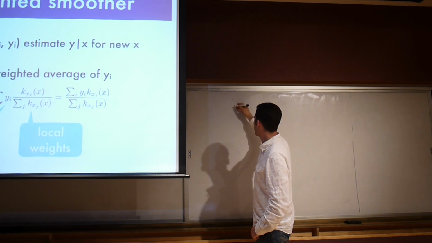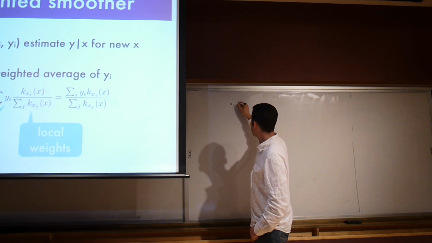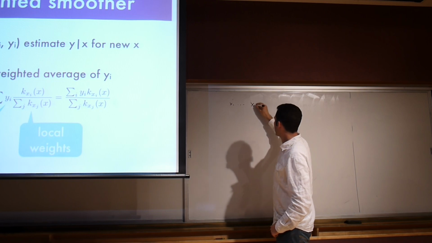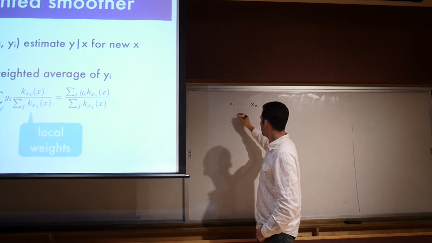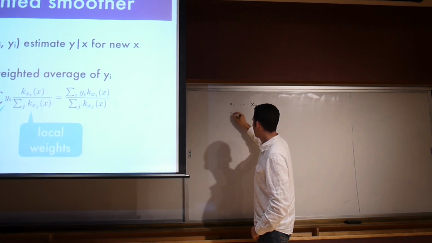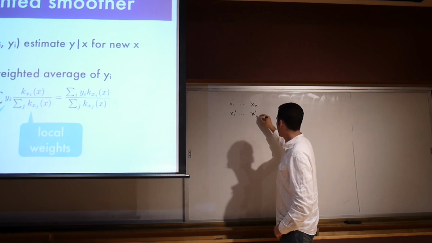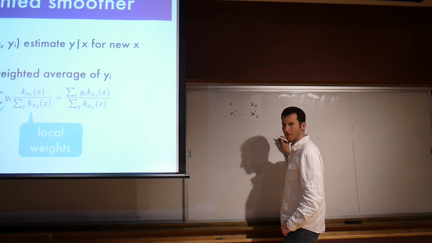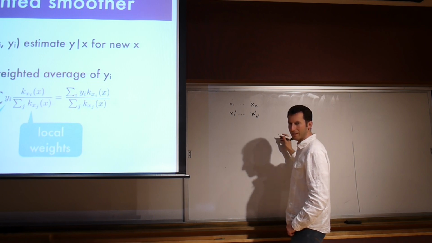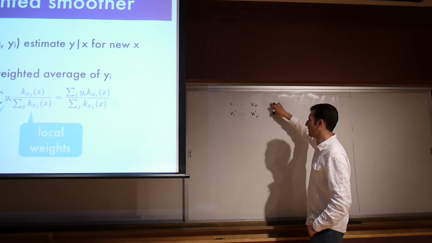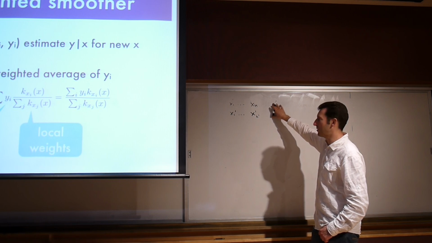So class 1 maybe creates instances x1 up to xn, and class -1 is going to create instances x1 prime up to x prime n prime. In that case, I can come up with Parzen Windows density estimates for classes 1 and -1.